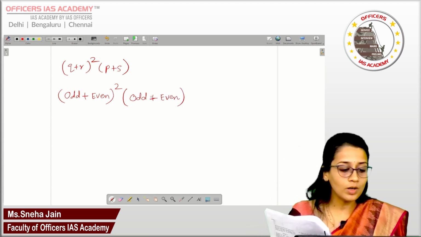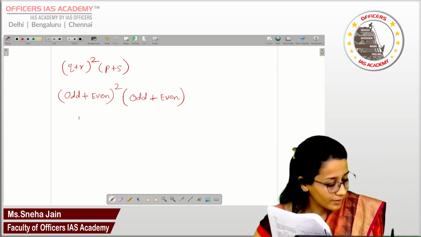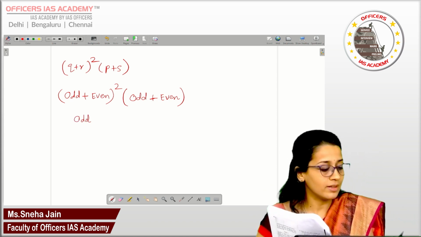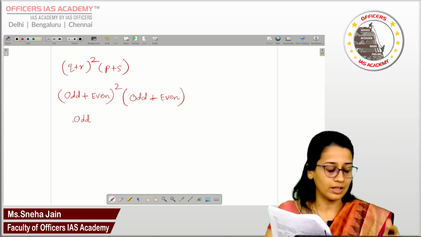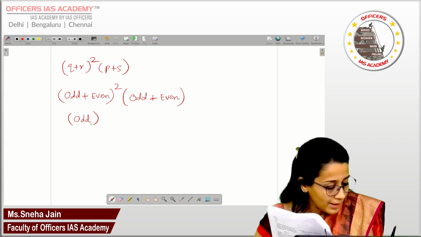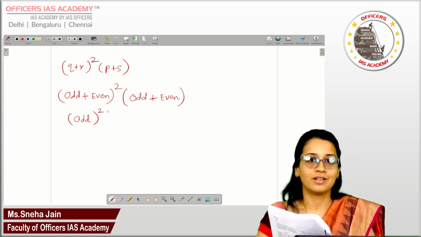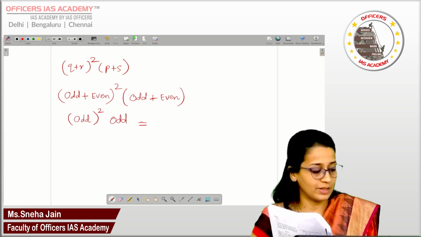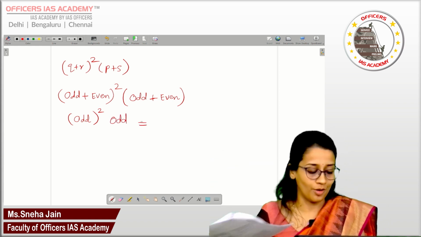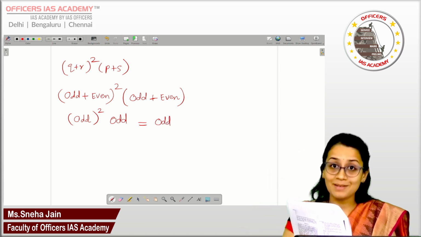So, odd plus even would always be an odd number. Odd and an even number, when you add, you can just see 1 plus 2, it's an odd number. Example, it will be odd square into odd plus even. Again, it's an odd number. Now, the answer for this, odd into odd into odd, is odd. So, this statement is also right.